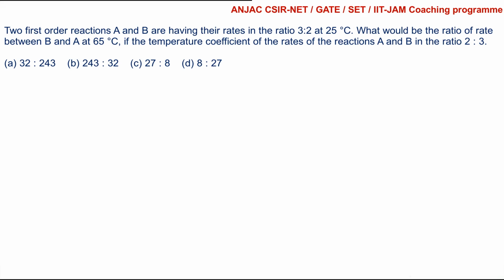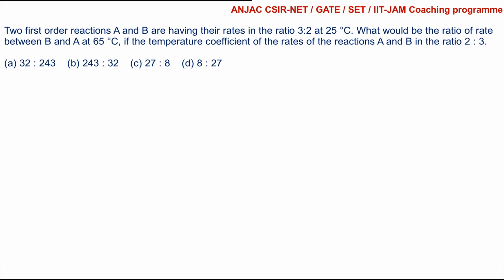Why are they giving these answers? One is the reverse of another. Because here the question asked is, find out the ratio of the rates between B and A. Some students may calculate the answer as A and B. Therefore, in order to avoid the disappointment of such a student, they will also give the answer in the reverse. Therefore, you should be very cautious.